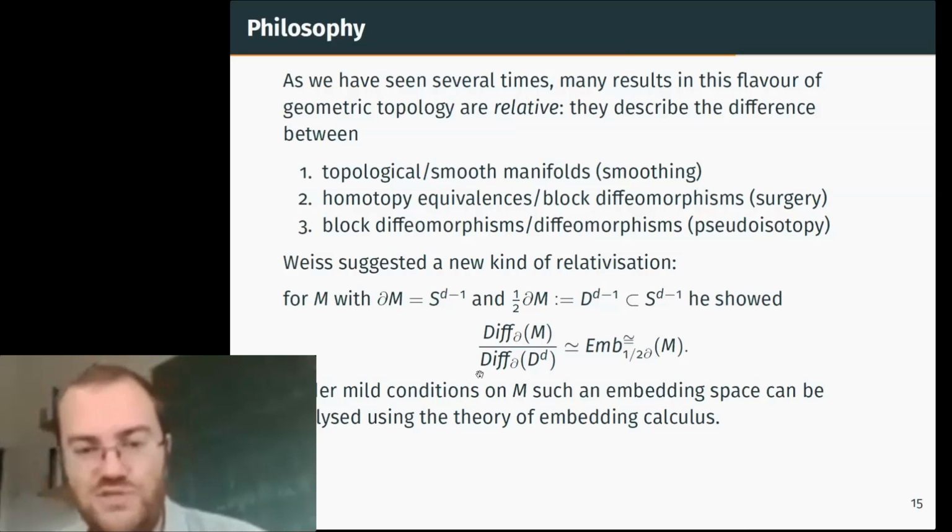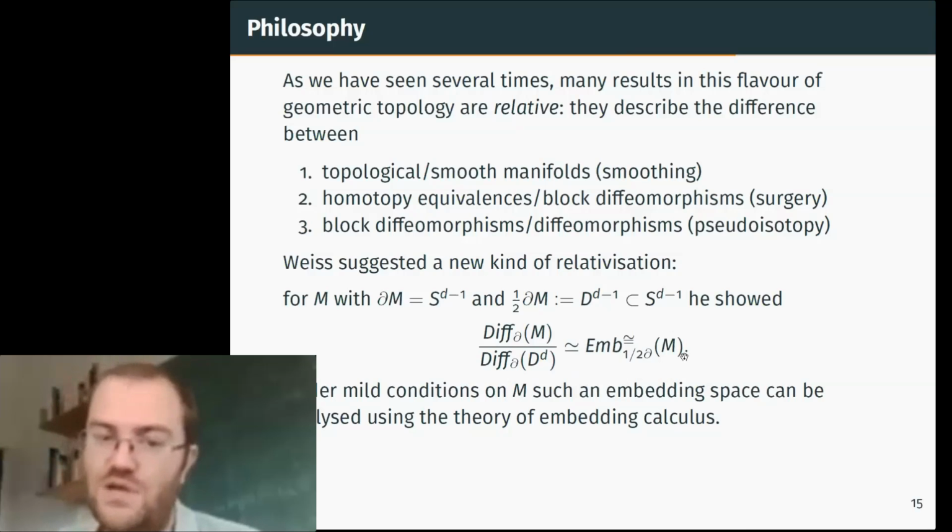And what he shows is that if you think about diffeomorphisms of the disk as being a subgroup of diffeomorphisms of the boundary by embedding a disk next to the boundary of the manifold, then the homogeneous space for that homomorphism of groups is equivalent to the space of self-embeddings of the manifold, not preserving the entire boundary, but only preserving half the boundary and flexible to move on the other half of the boundary.